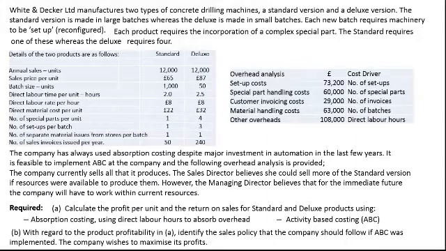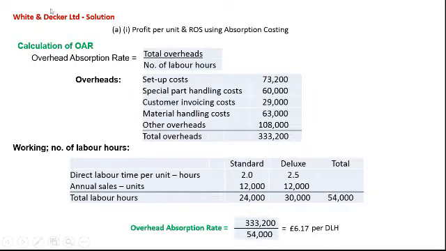First we have been asked to do absorption costing. So we will focus on all the information that is needed for working out absorption costing and thus work out the product cost. We know that in order to do absorption costing, we need to work out the overhead absorption rate, that is OAR.